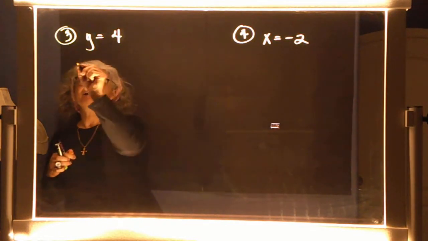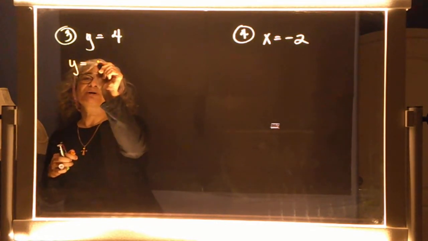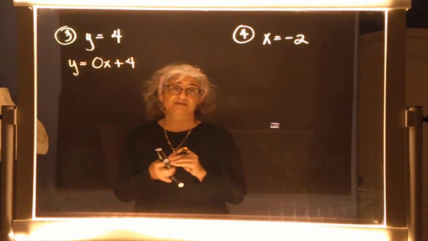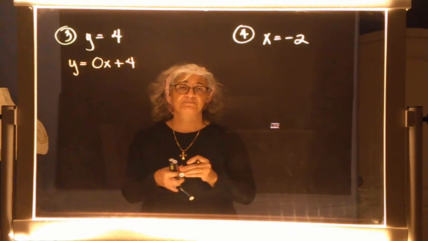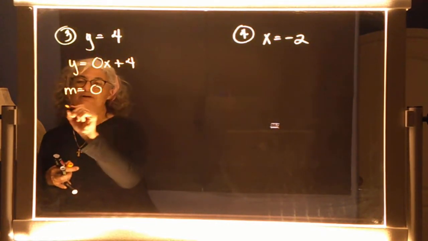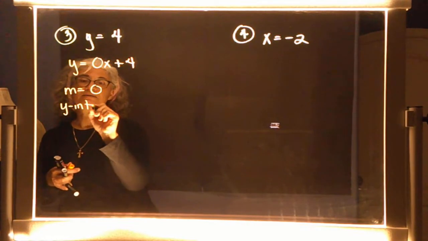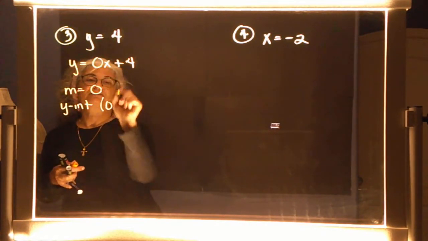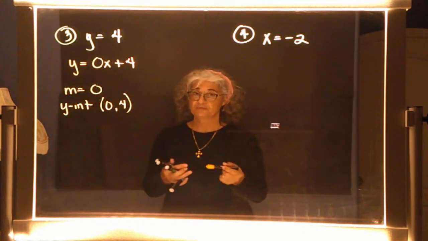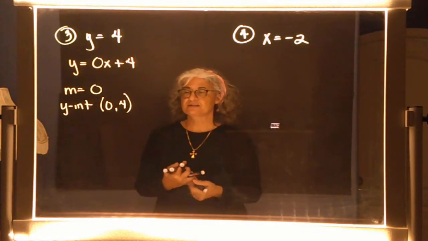So in actuality, I could rewrite this as y equals 0x plus 4, because that would basically be the same thing, wouldn't it? Good, which means my slope here is what? 0, and my y-intercept? Yeah, x is 0, which means when I plug it in, I get 4 for the y. Cool?